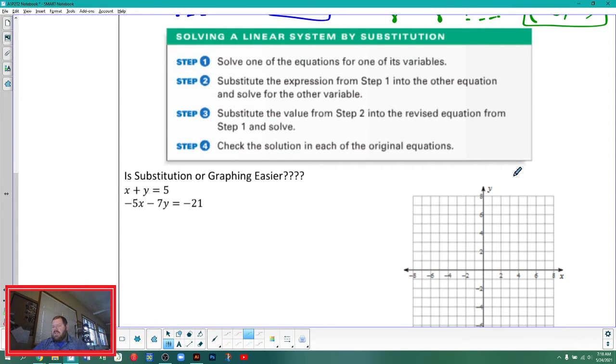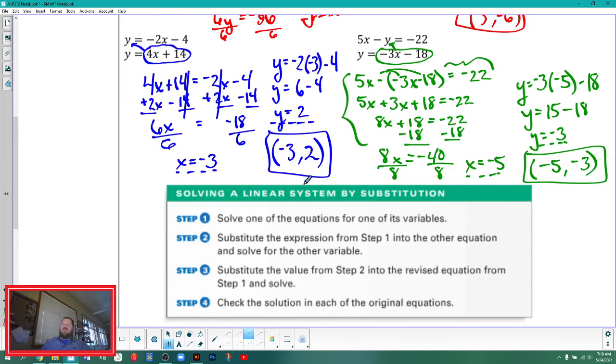Substitute the value from step 2 into the revised equation from step 1. So that's saying once you get, say, x equals negative 5, plug that back into the equation that you used to get step 2 started. Plug it back into that variable, and solve what you have left.